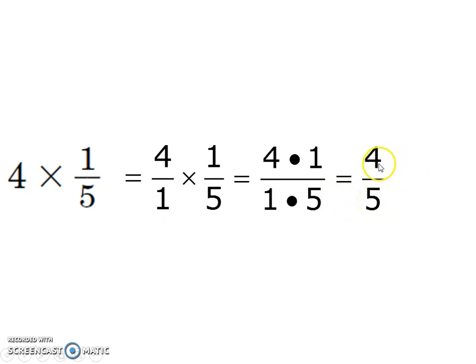Since the numerator is less than the denominator, we know that this is a proper fraction that does not change to a mixed number. Also, because they both have a greatest common factor of 1, it cannot be simplified any further. Therefore, your answer is 4/5.